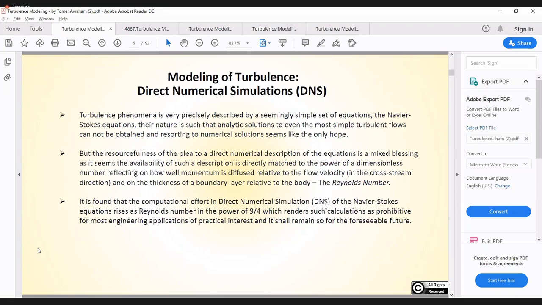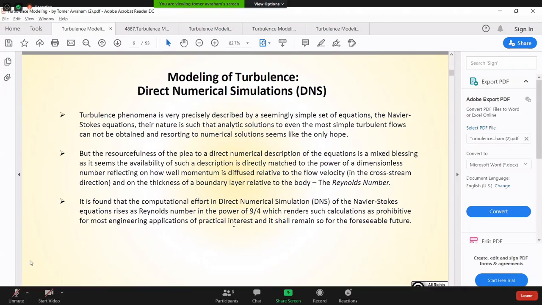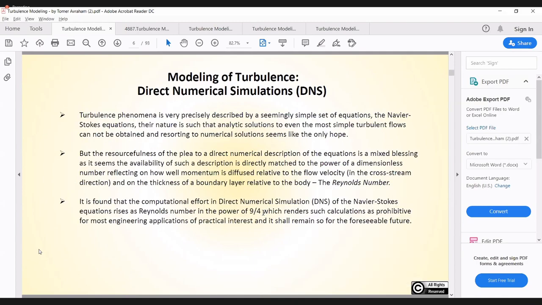The Reynolds number reflects how well momentum is diffused relative to the flow velocity, the cross-stream direction, or the size of the boundary layer. Don't describe it as the ratio of inertial forces to viscous forces because it's not true. We have a constraint of Reynolds to the ninth.